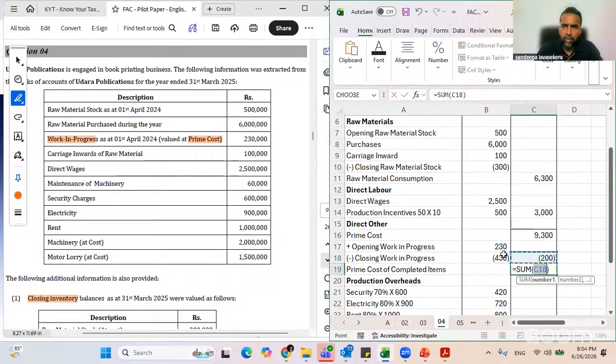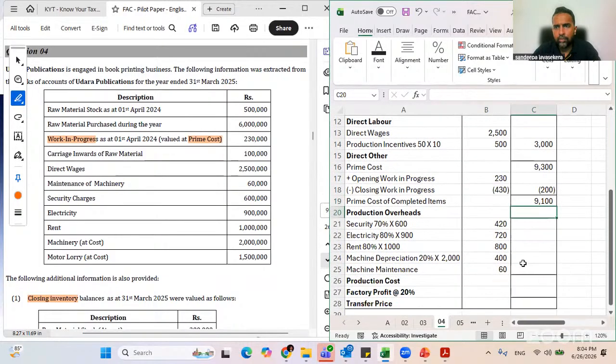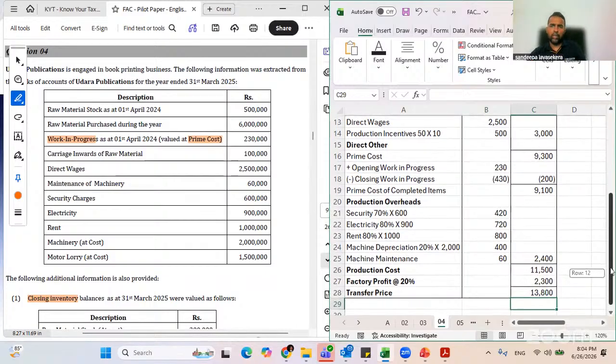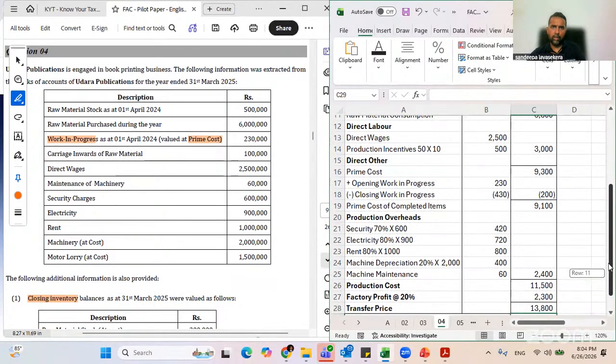Prime cost of completed items 9,100. So my production cost 11,500. So the transfer price is 13,100.